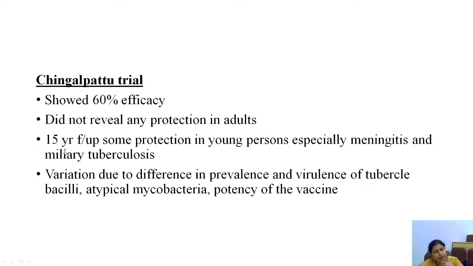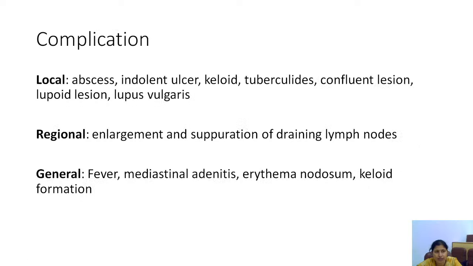This is a very big point they ended up with from this big trial. There was variation due to differences in the prevalence and virulence of the tubercle bacilli, the atypical mycobacteria, and the potency of the vaccine. There are variations in results.